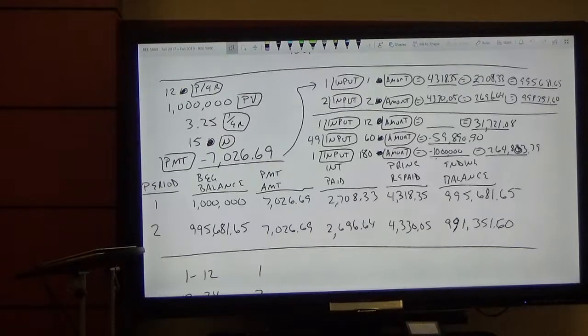Okay, and I'm not going to get super fancy here. In this case, we have $1 million. We have an interest rate of 0.0325, is that right? Yeah. And our term was for 15 years.